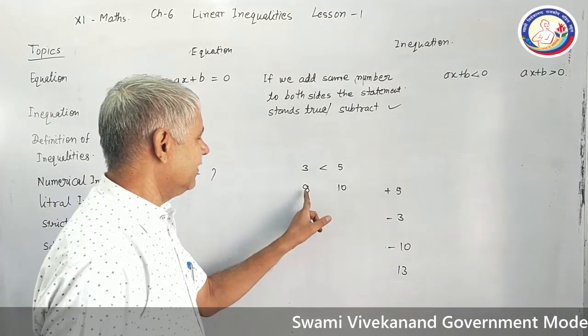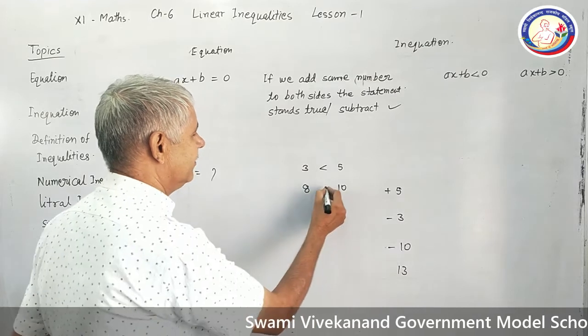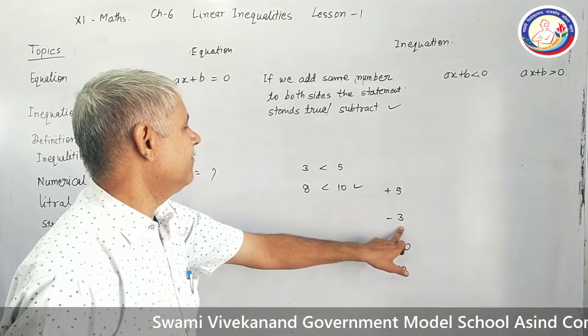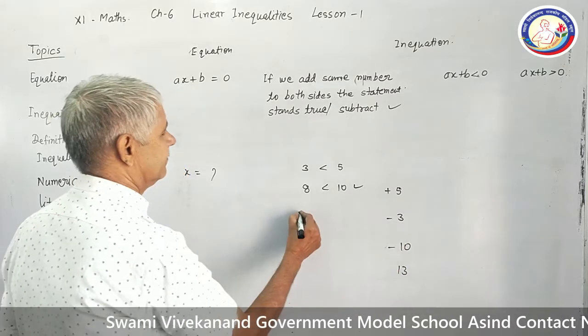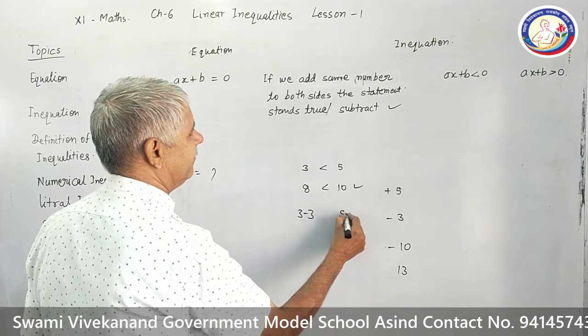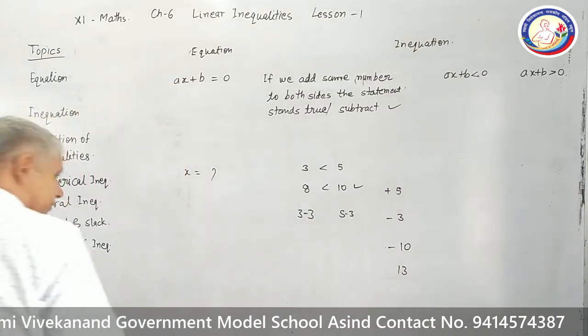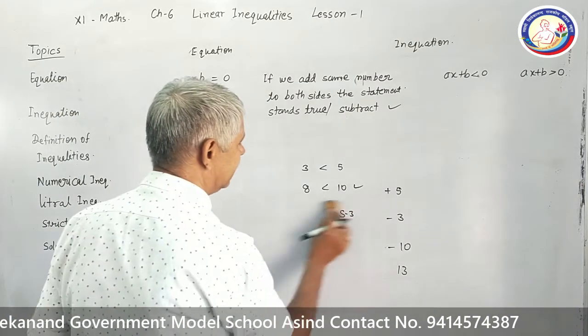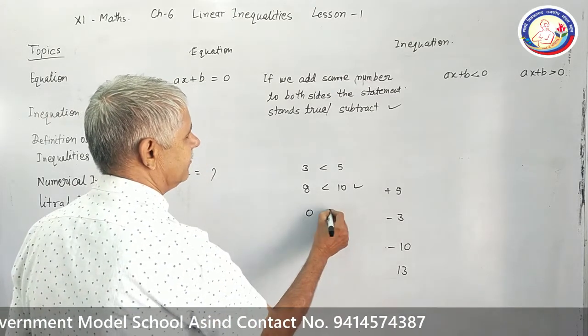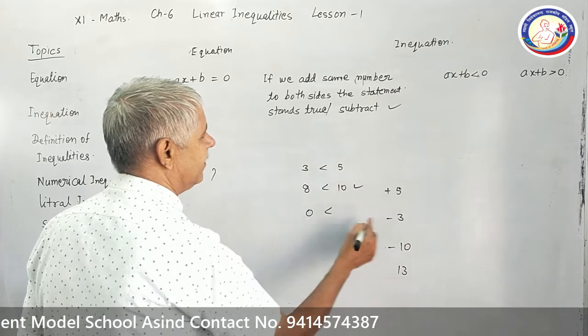Again, 8 is less than 10, right? Yes. If we add minus 3, 3 minus 3 is 0, and 5 minus 3 is 2.